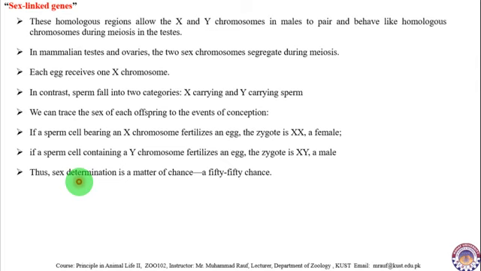When the zygote develops for a certain period, it starts to develop features like a male or a female, depending upon what happened at the time of fertilization.